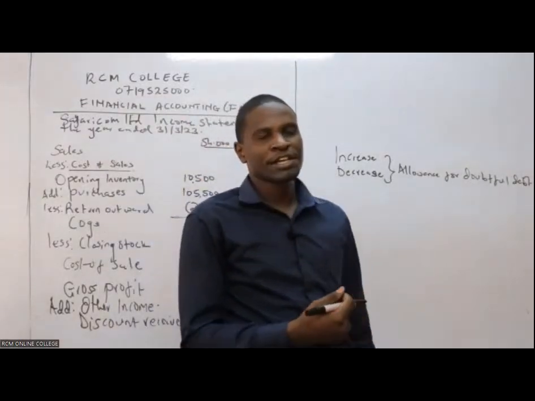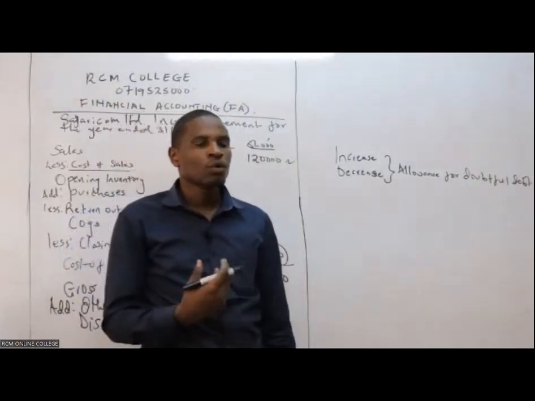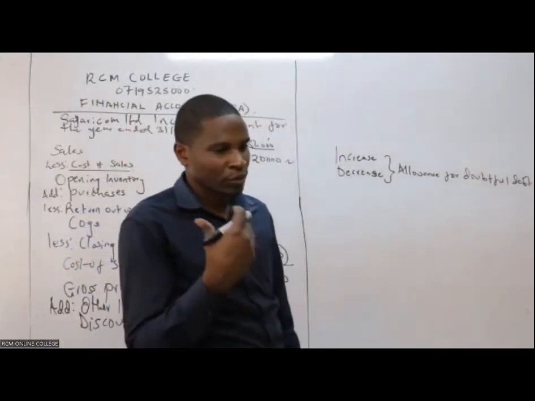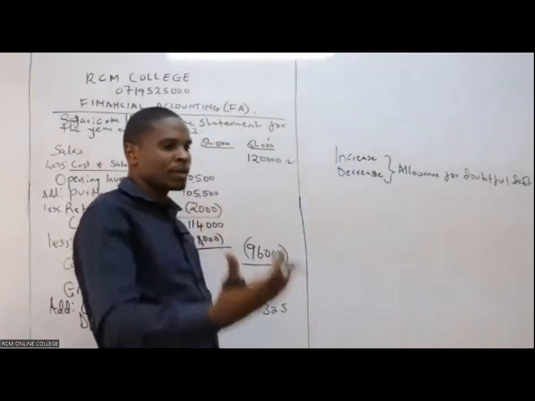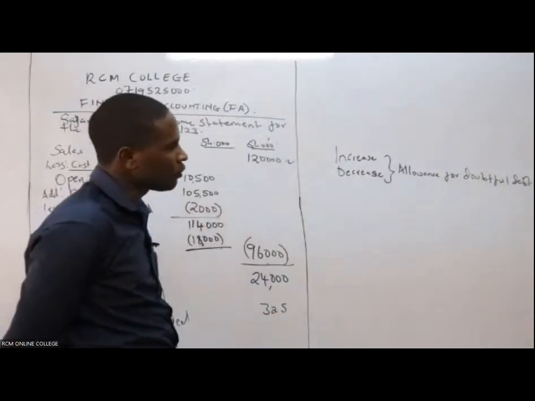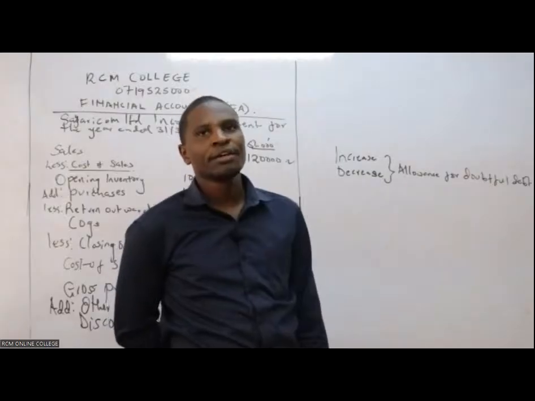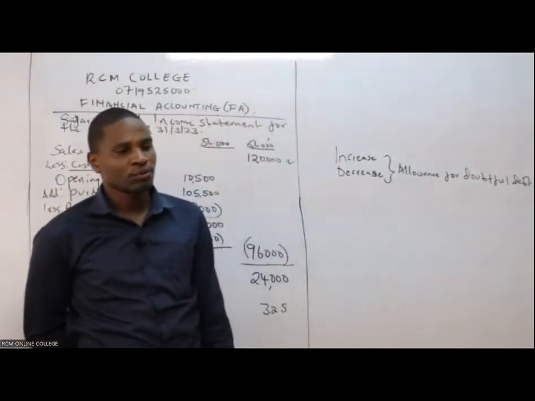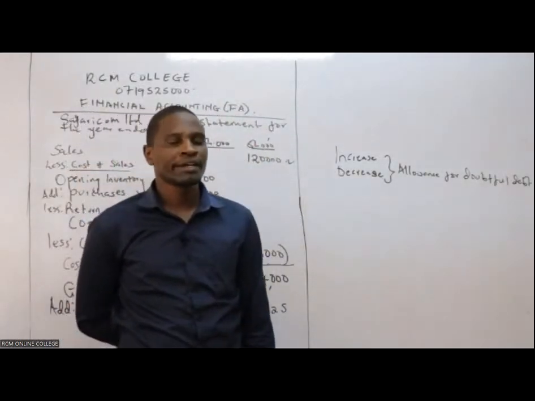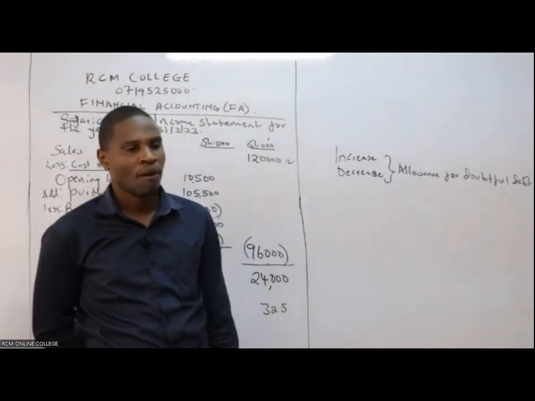Very important information here. Let us go slowly, there is no pressure here. We have an increase in allowance for doubtful debt and a decrease in allowance for doubtful debt. Which one falls under income and which one falls under expense, before we even compute this?